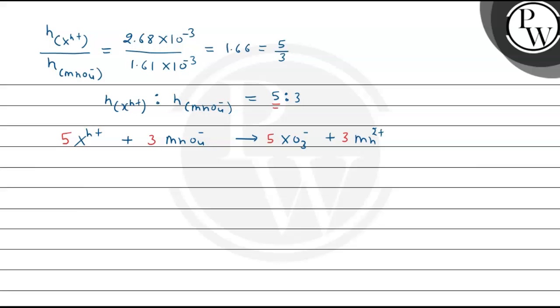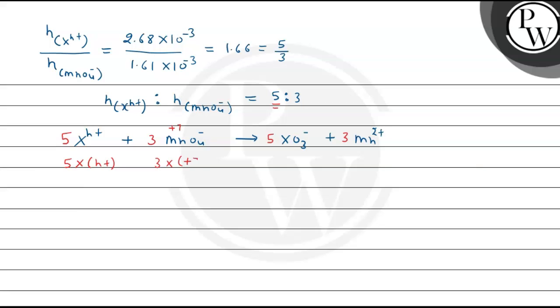From here, we can find out the overall change in the oxidation state. So here there are 5 moles and we have to multiply by n+, the charge over X, and after that there is 3 and we have to multiply it by the oxidation state of Mn, which is +7.